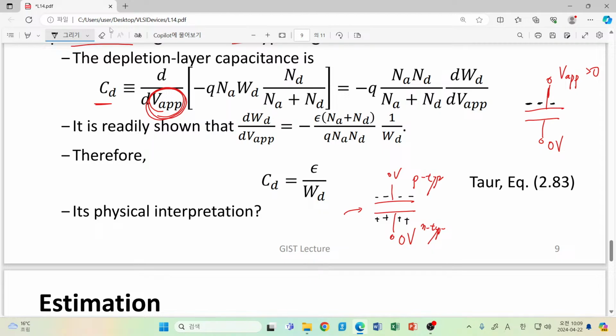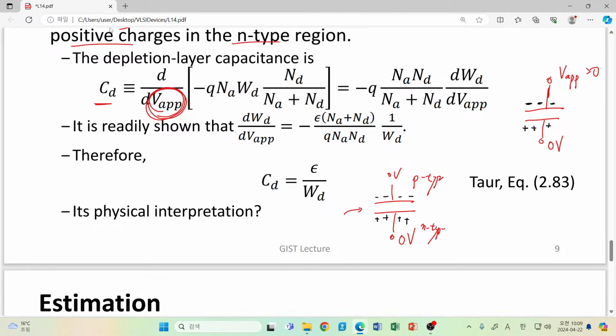So instead of 4 symbols, I just drew 3 symbols to say that we have less charge.